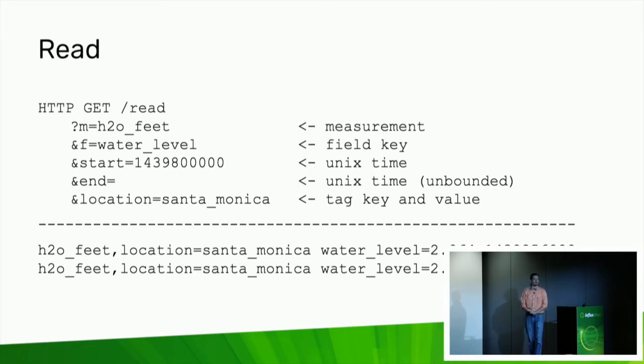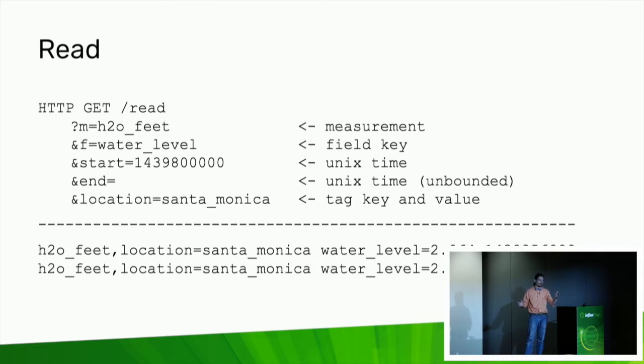So, a clear specification on the read endpoint now. I'm using an example to also describe the whole get endpoint here. In this example, we'll read from measurement H2O feet, from the field keyed water level. We'll bound on time.